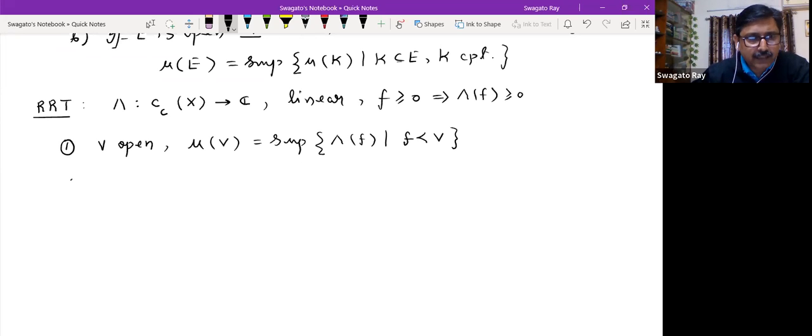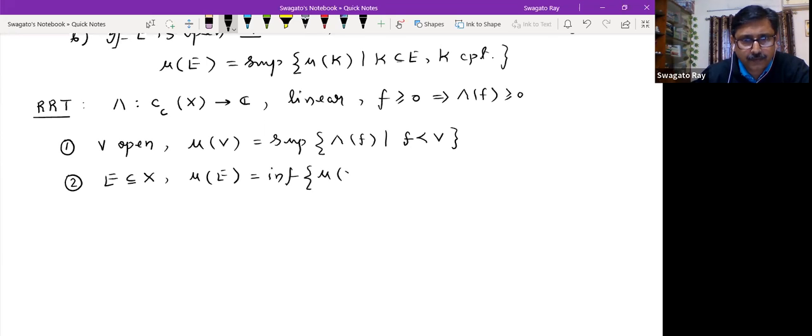Okay, and then the measure of any set. So take any set E in X, then we know what is mu of E. It is defined as the infimum of mu of V, V open.